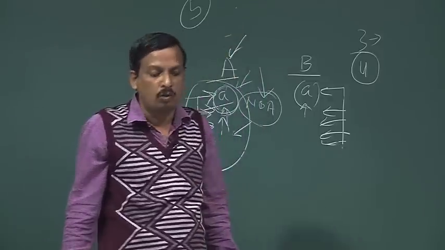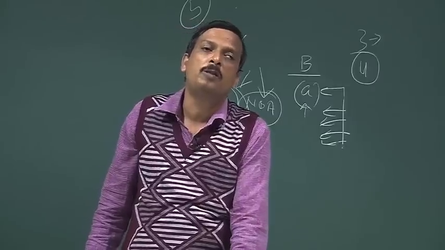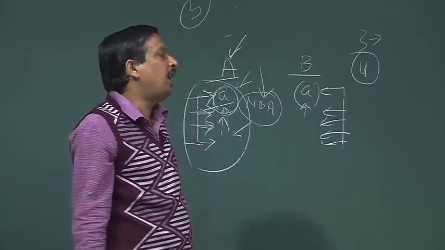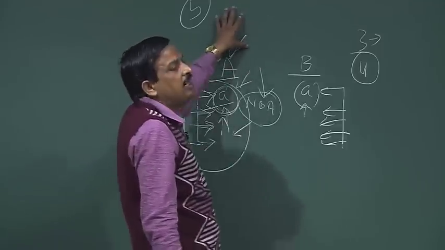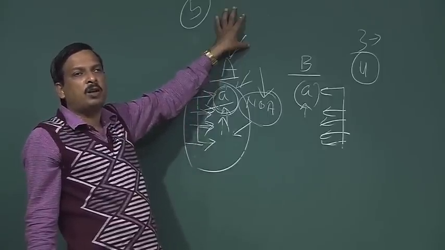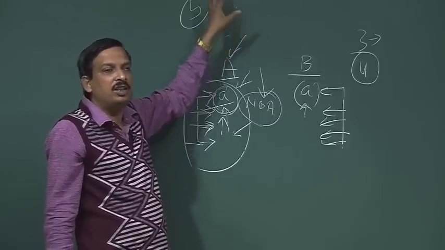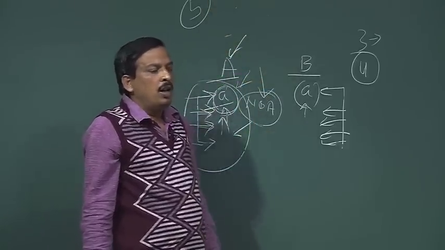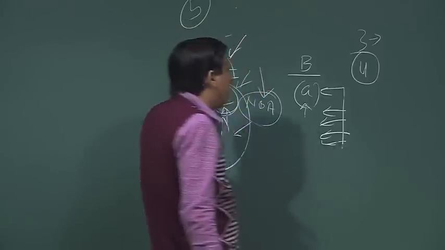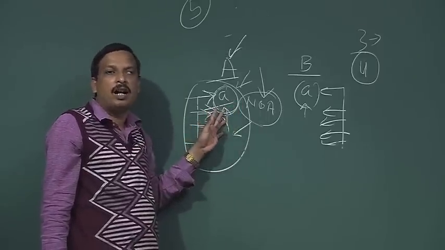So, modern tools usage is also one of the major parameters for engineering education. I cannot say a civil engineer does not know how to use CAD/CAM software for drawing. It is required.